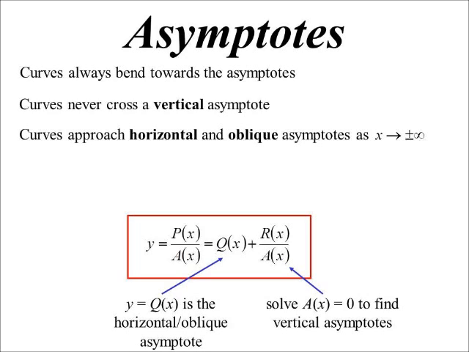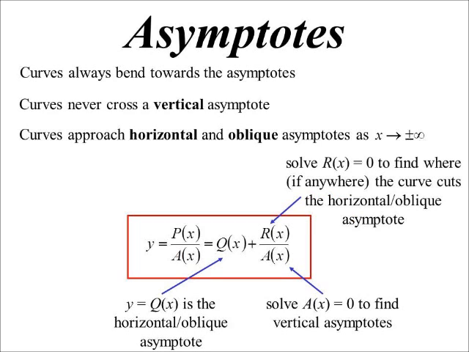The final piece of the puzzle is the remainder. If it's possible to solve the remainder equals 0, then that will tell you where it cuts the horizontal or the oblique asymptote. And that's why we've been saying when there is a constant on the top of the fraction, that fraction can't equal 0, because it's impossible.